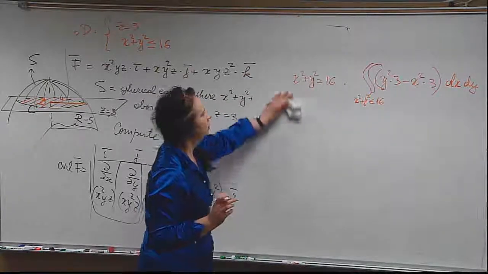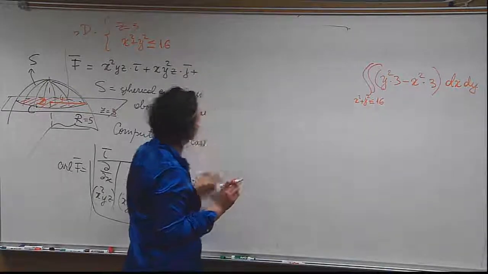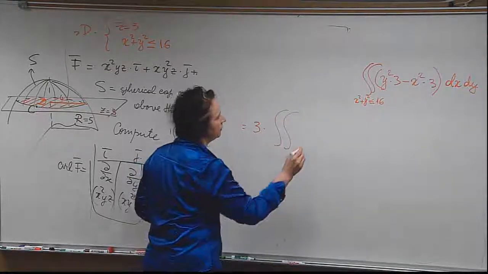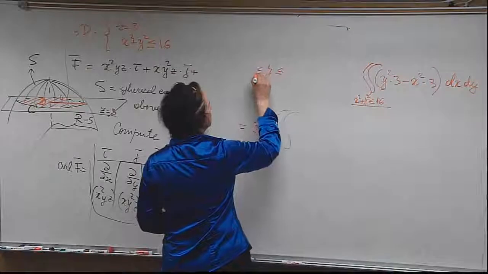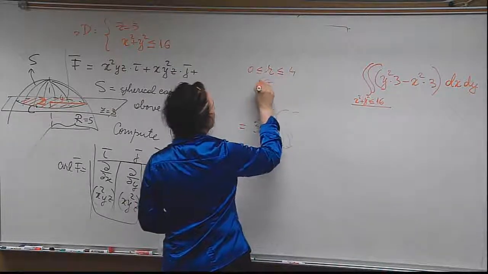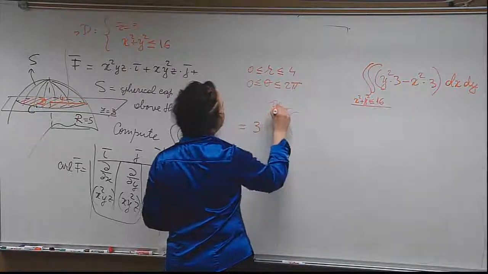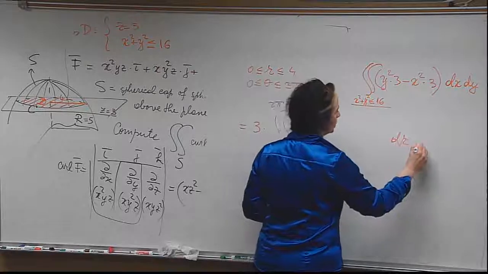Polar coordinates, and somebody's going to help me. As soon as we are done, 3 gets out. Instead of x squared plus y squared less than 16, I have r between 0 and 4, theta between 0 and 2 pi. I have to take advantage of everything I've learned all semester.